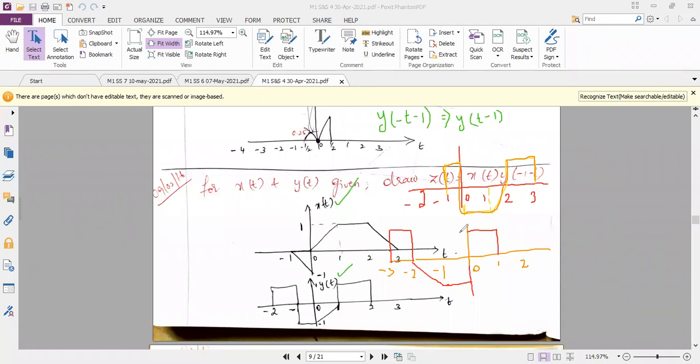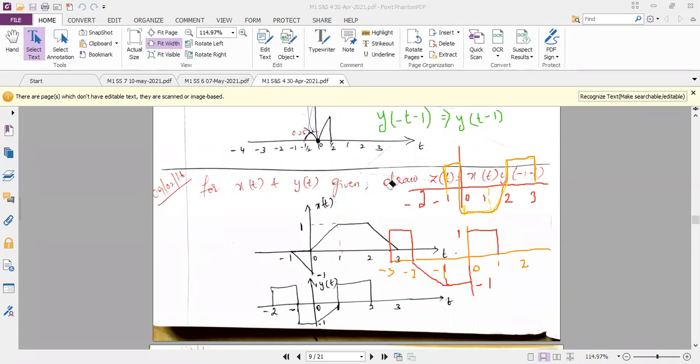As per the question, above the x-axis the amplitude is 1 and below the x-axis the amplitude is minus 1. Is the diagram of y of minus t minus 1 correct? Yes, ma'am.